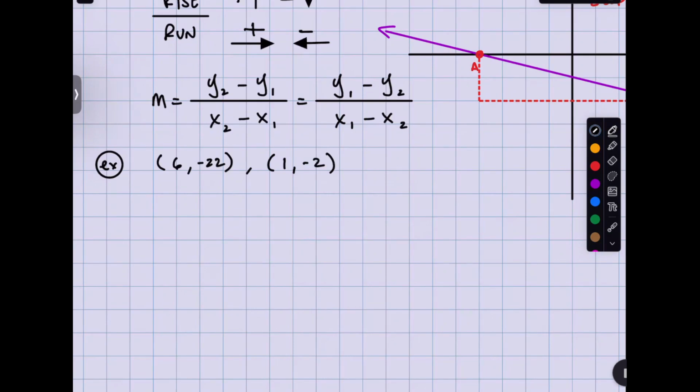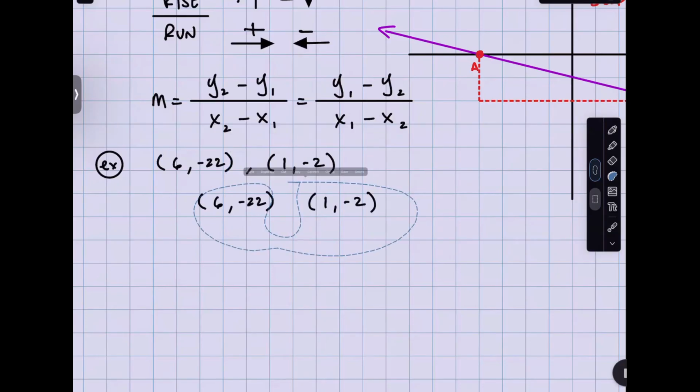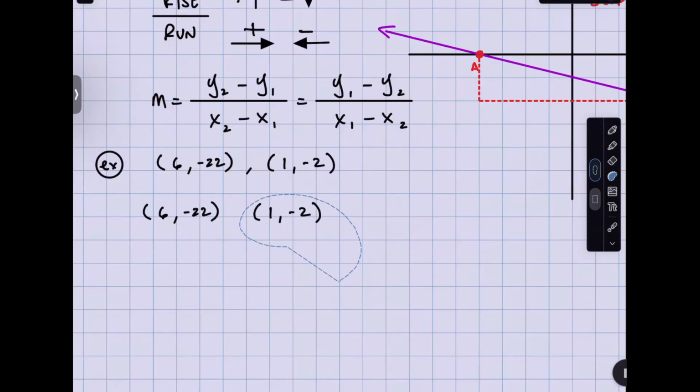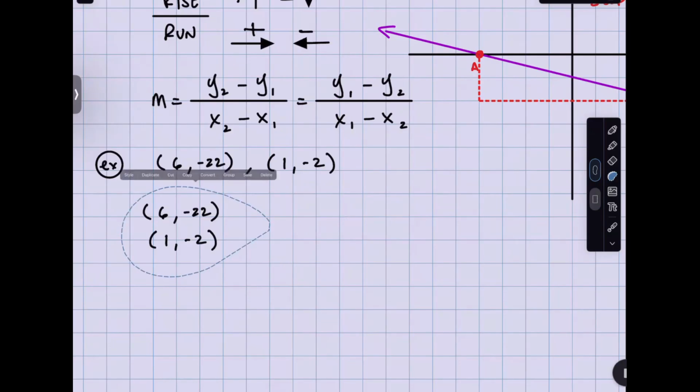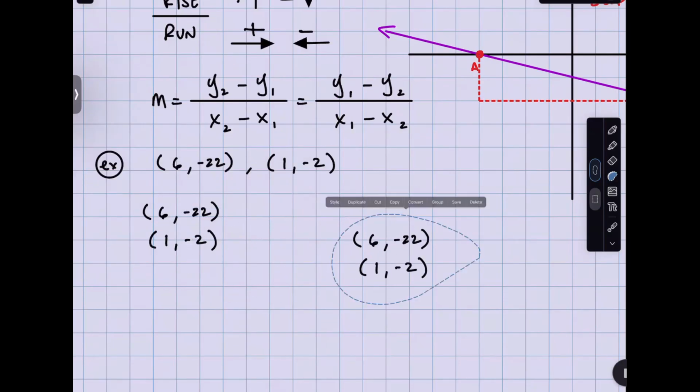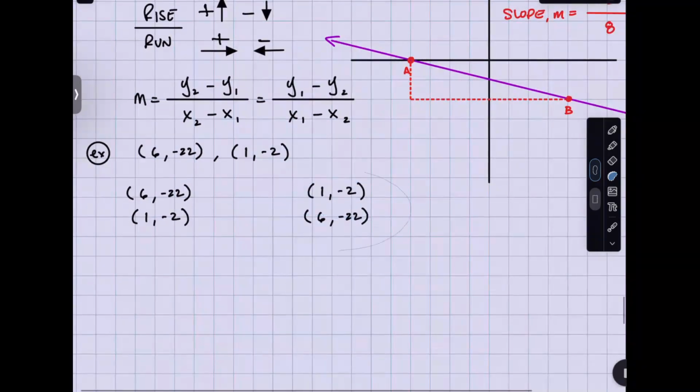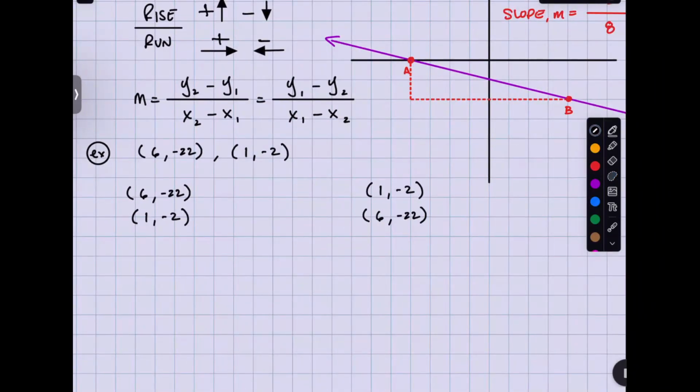Now for me, this is what I prefer. I prefer stacking them. You guys are going to be wondering what I mean by stacking. It doesn't matter if you stack it this way or stack it this way. Either way, it doesn't really matter, and I'm going to show you why.